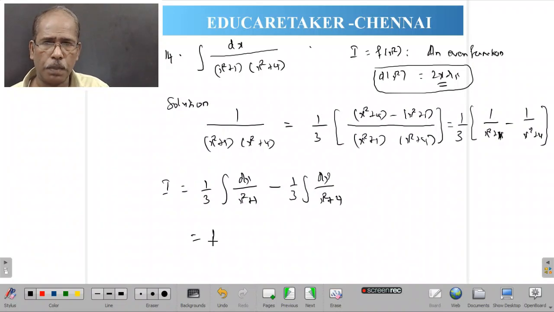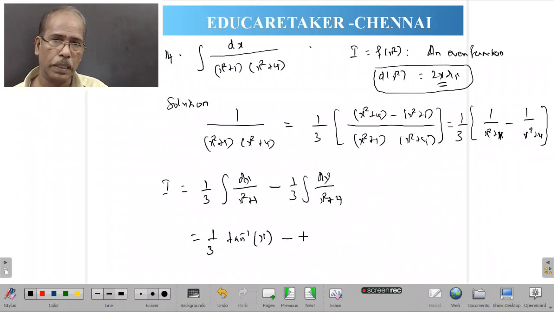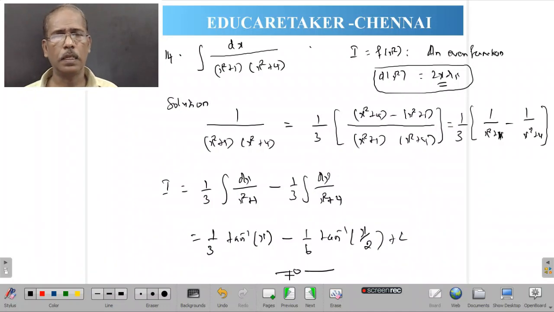That formula should be applied. In the first integral a equal to 1, so no need for the separate factor 1 by a. 1 by a is 1 by 1, and tan inverse of x by a is x alone. Minus, here a equal to 2 means 1 by a is 1 by 2, 1 by 2 into 1 by 3, 1 by 6, and tan inverse of x by 2 with the integral constant. Okay, and copy it.